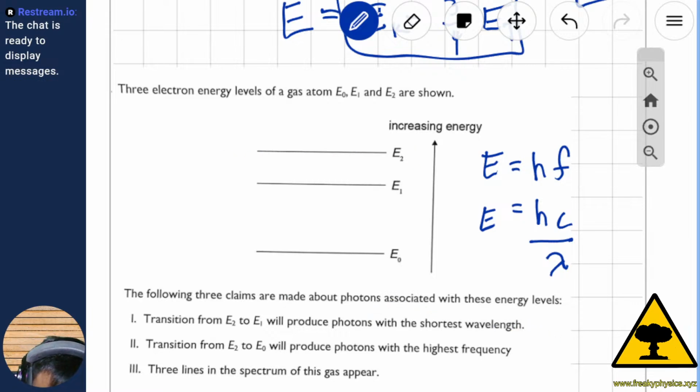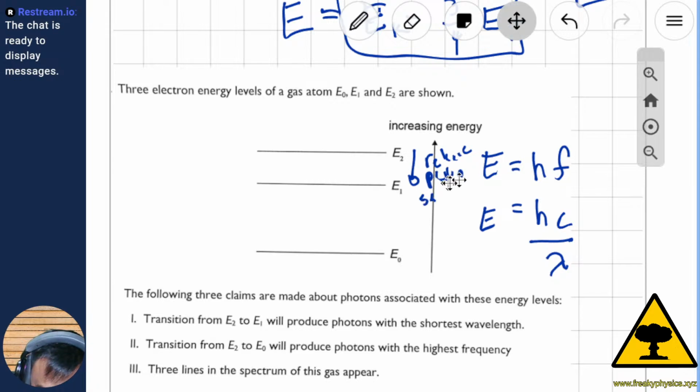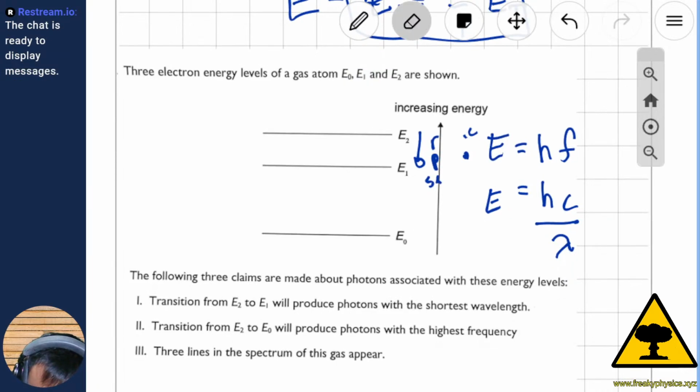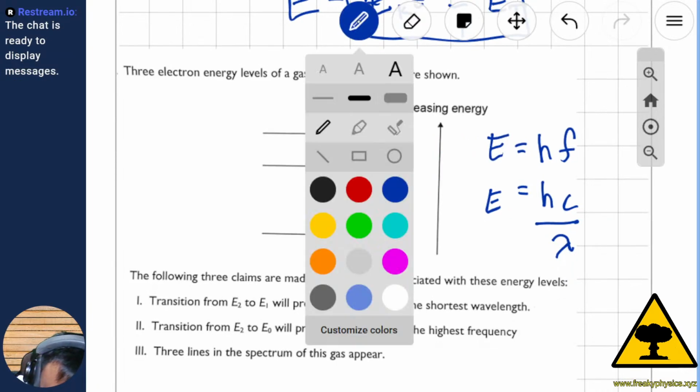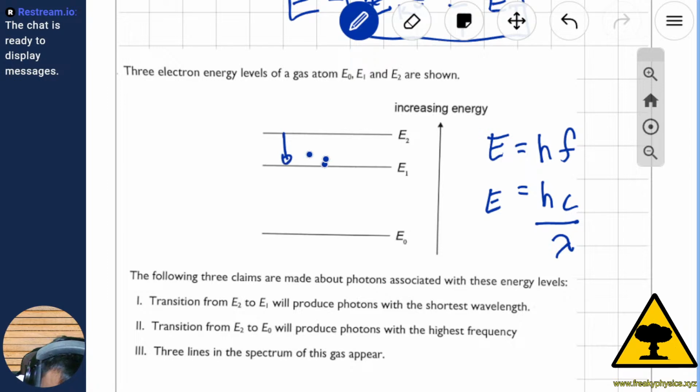So E2 to E1 would release a small energy photon. Let's just write it like that. E2 to E1 is a small energy photon, low E photon. E2 to E0 would be a high energy photon, right?